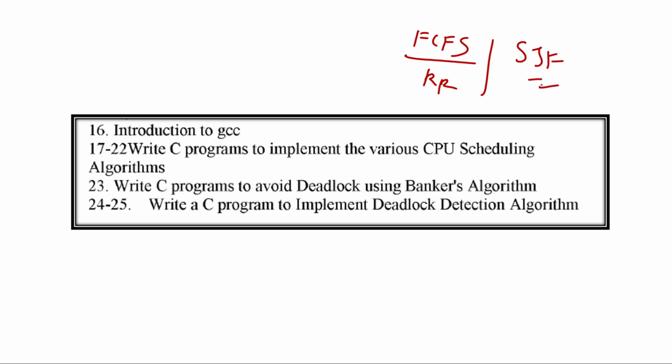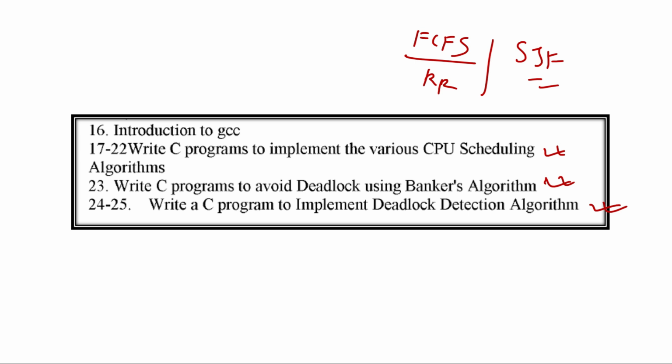These algorithms we have to implement using C language. Then we also write a program for deadlock avoidance, the banker's algorithm. We have to write programs for these as well. And then write deadlock detection. It means when we complete the theoretical part, then side by side, parallelly, we have to write programs for this. Section B mainly contains this type of program, right?